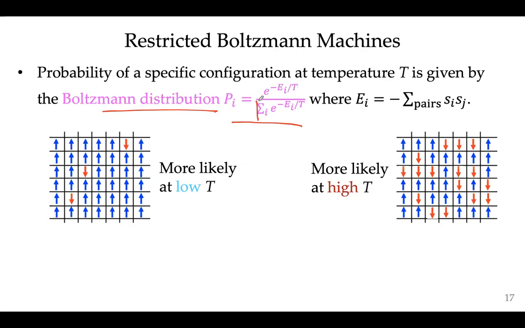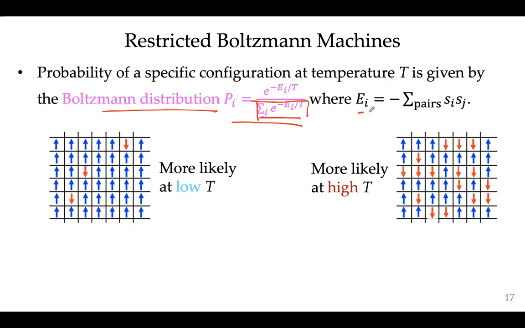In the denominator there's a normalization term, so it's just a number. So the probability of any state or configuration is proportional to the exponential of the energy of the state.